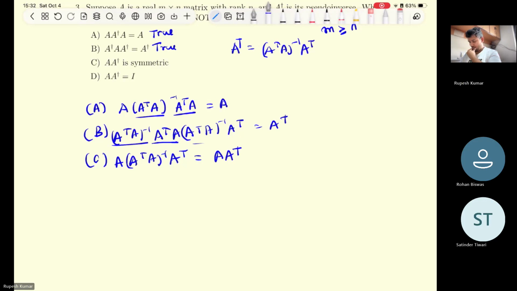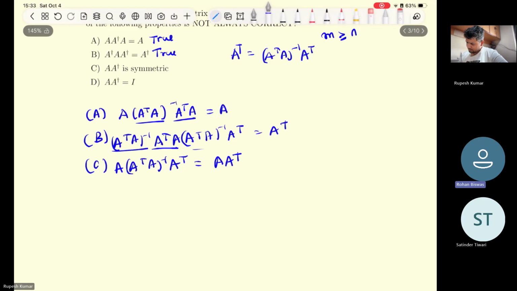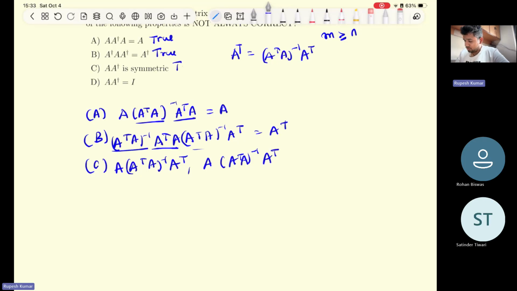We can directly take the transpose of it. So we want to check if it's symmetric or not, right? What is the transpose of this term? The transpose would be A whole transpose, right? So A becomes here, and then the center term, which is (A transpose A) inverse transpose, which is already symmetric, so it becomes A (A transpose A) inverse into A transpose. Yeah, so it's symmetric. It is true always.